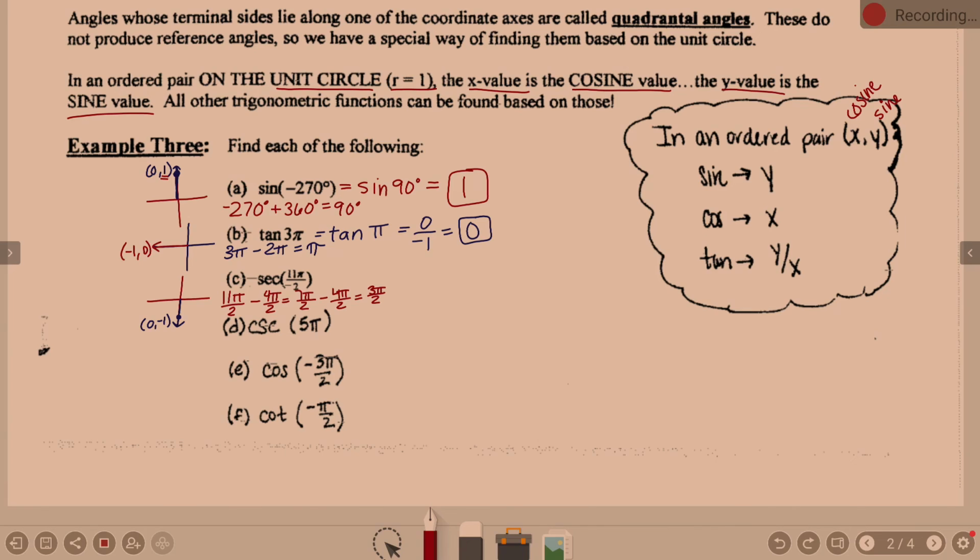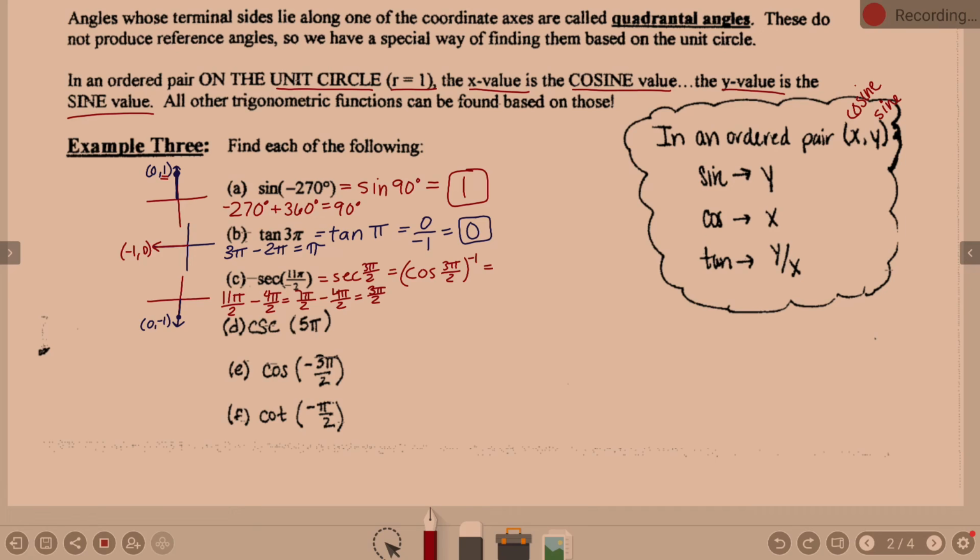Now, when we do this, we are thinking secant of 3 pi over 2. However, your brains know that secant is the reciprocal of cosine. So what's the cosine of 3 pi over 2 going to be? Zero. My bad.